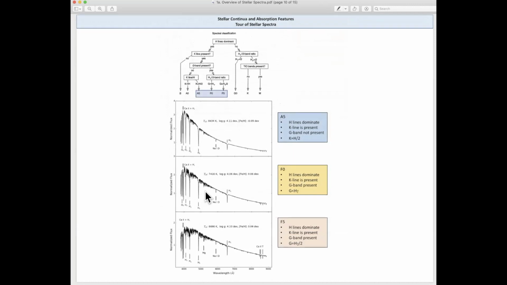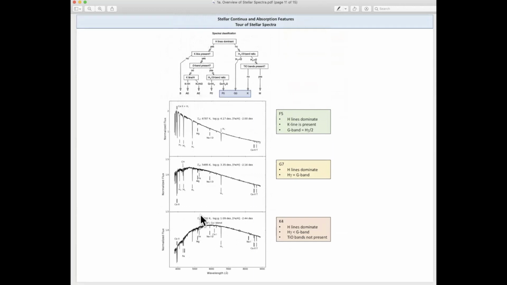Anyhow, I do a similar thing with these A5, F5, and F0 stars. You can go through that on your own. And I did an example for the F5, G7, and K4 star here. Again, I really love this.